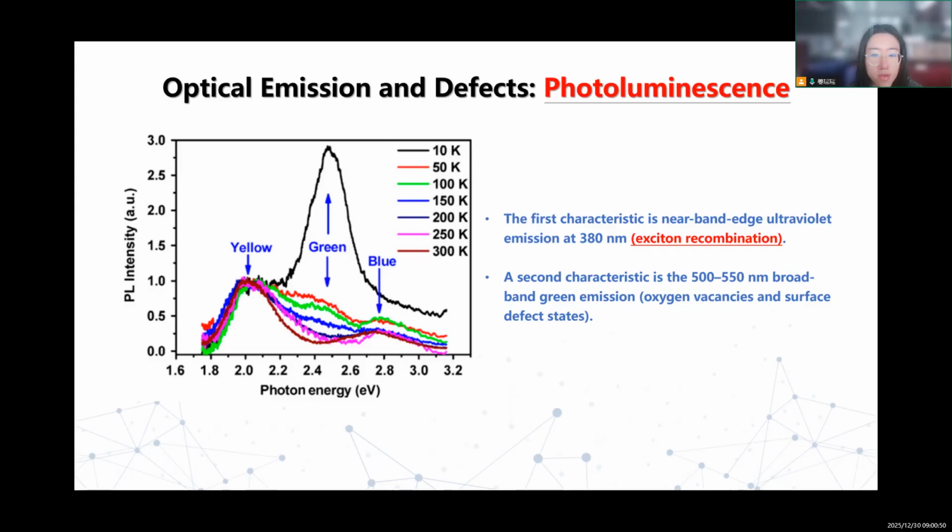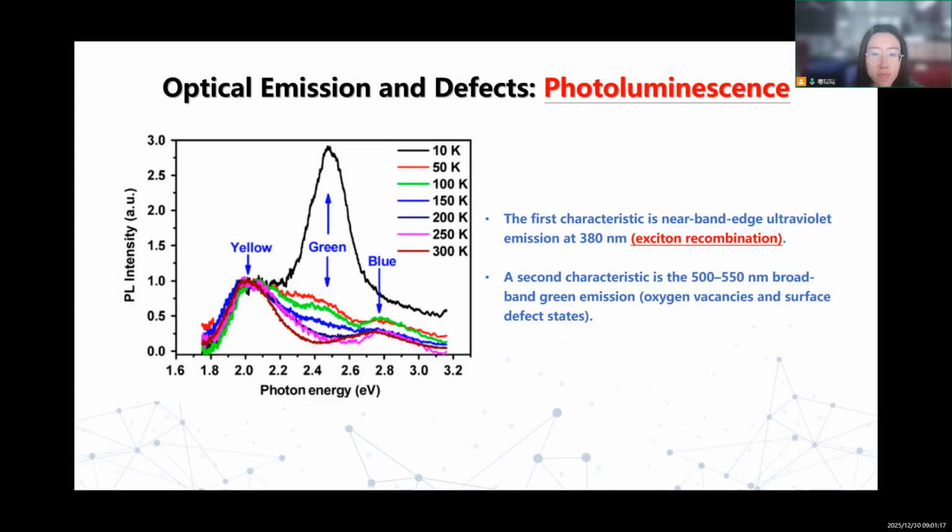From this, we know the strong near-band-edge emission indicates high crystallinity and efficient exciton recombination. The second characteristic is the 500 to 550 nanometers broad green emission, like oxygen vacancies and surface defect states.